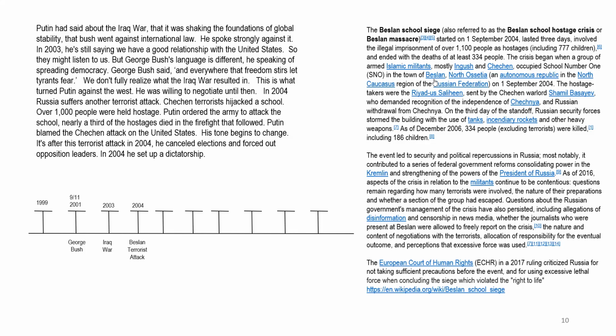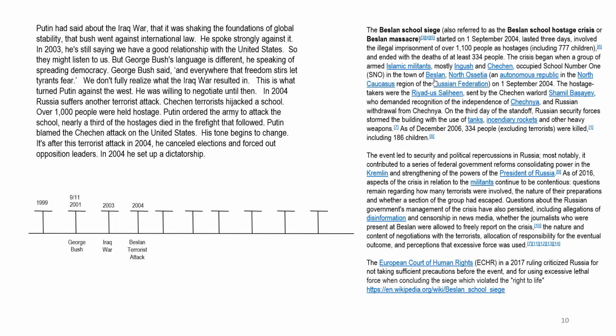The crisis began when a group of armed Islamic militants, mostly Ingush and Chechen, occupied School Number 1 in the town of Beslan, North Ossetia, an autonomous republic in the North Caucasus region of the Russian Federation.